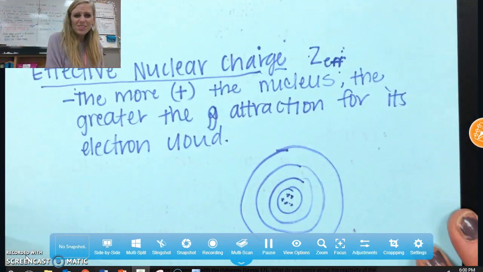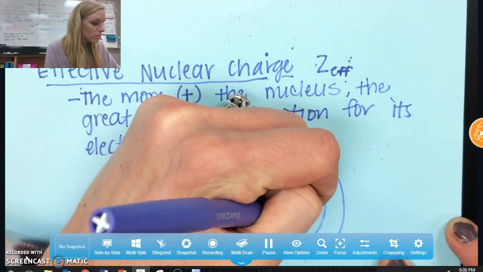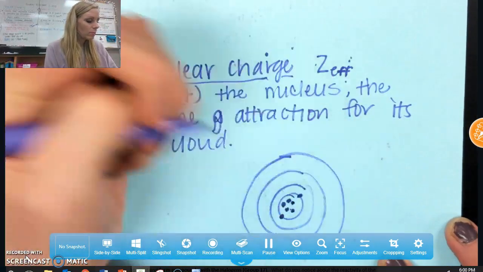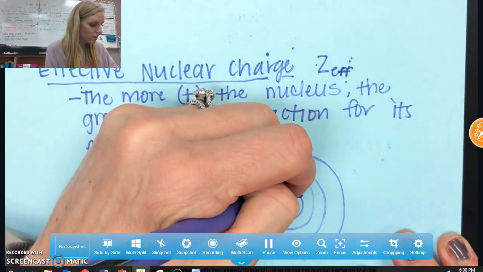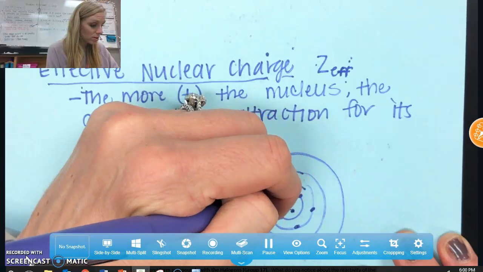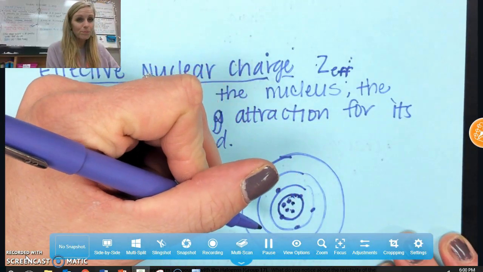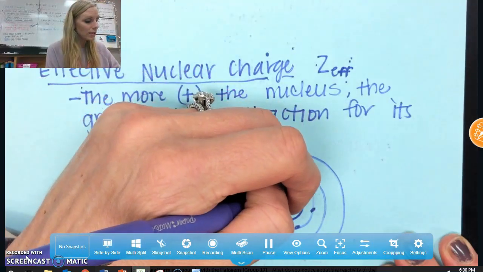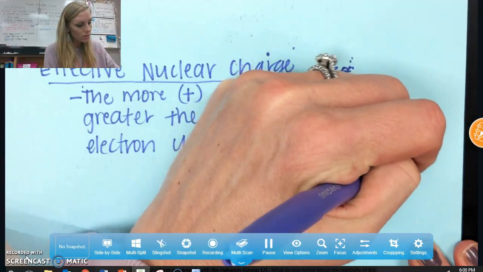So I'm just testing you, making sure you remember that. So if you have protons that aren't valence electrons, so on this one you have 5 electrons because you had 5 protons. The outermost electrons are your valence electrons, and the ones on the inside are called core electrons.